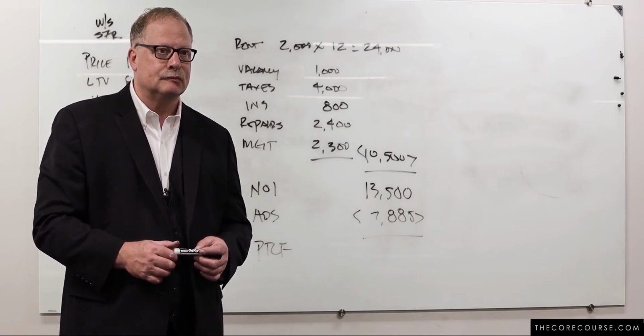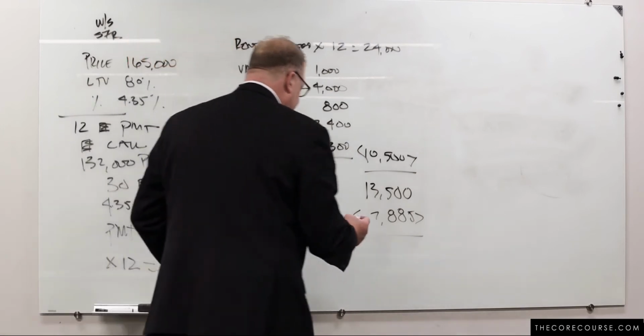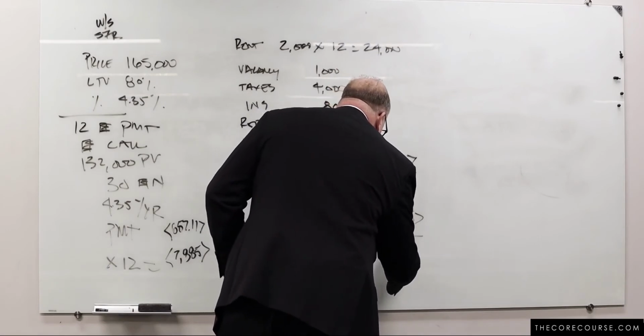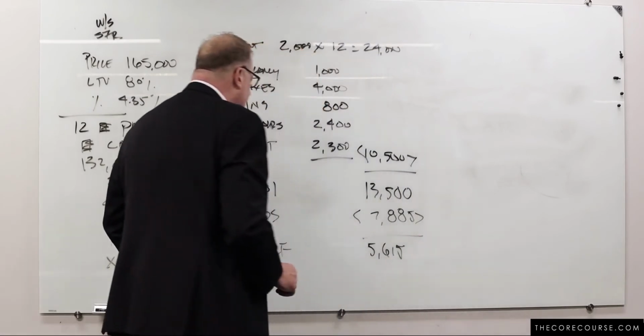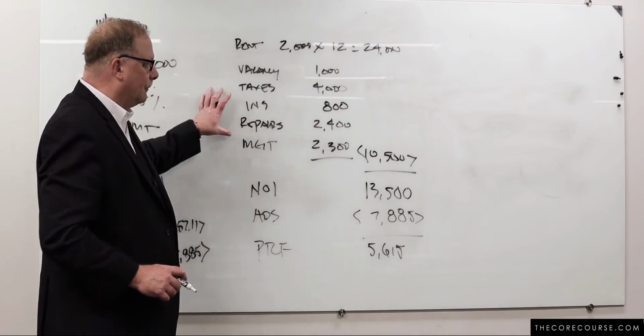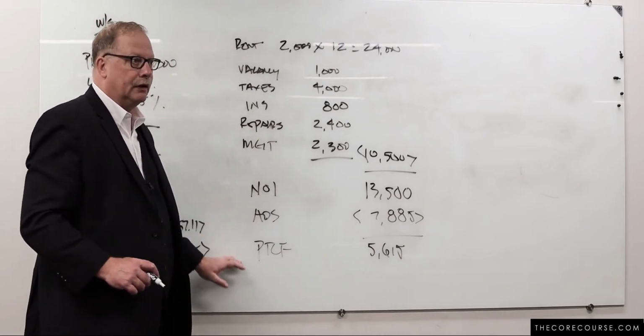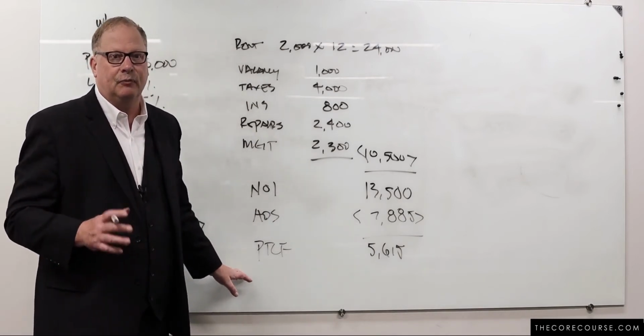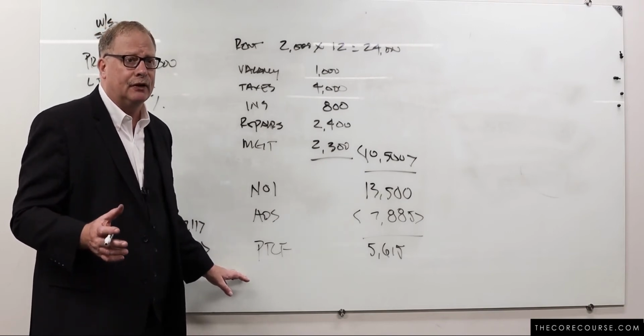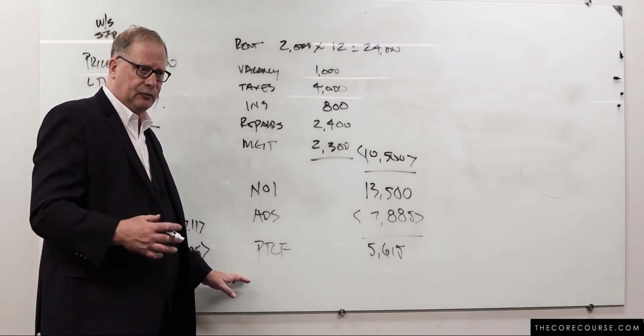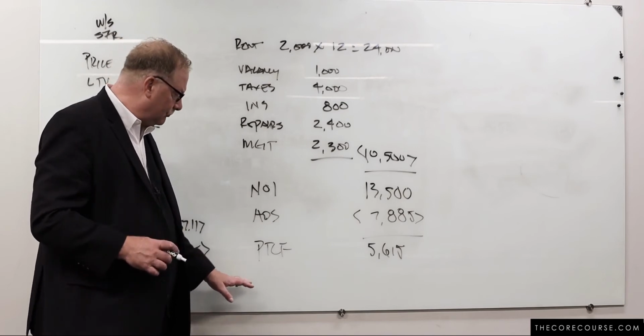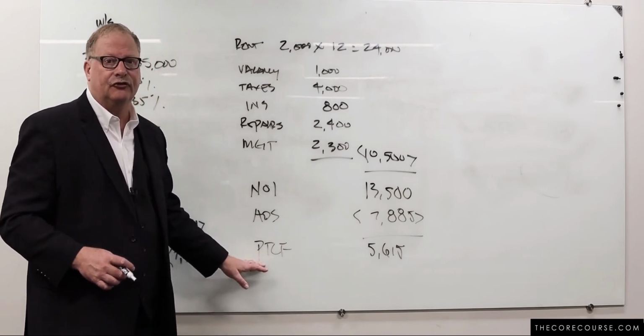Okay, 5,615. Let me stop there. Do you see what I did here? This is a baseline, basic, I call it a dirty APOD analysis of income and expense, debt to get you to your net, which is your pre-tax cash flow.